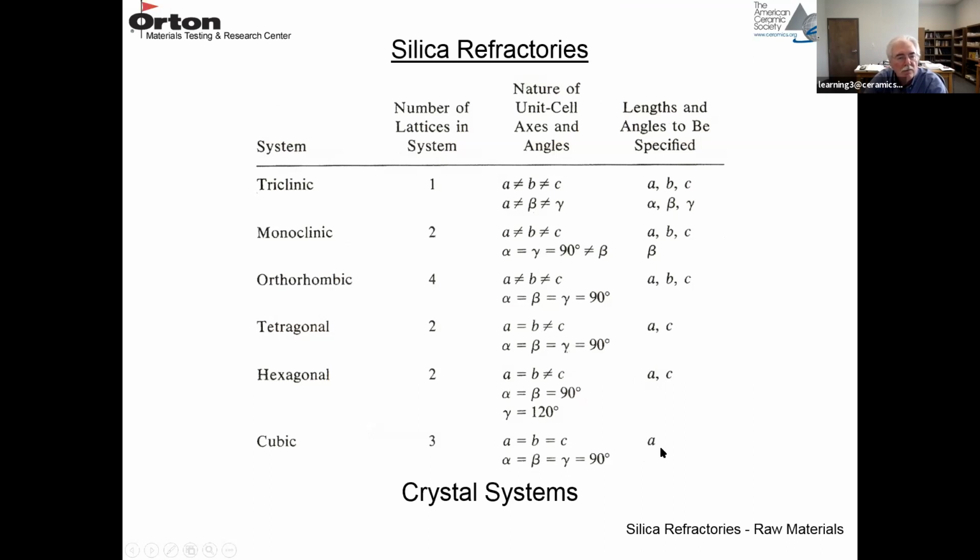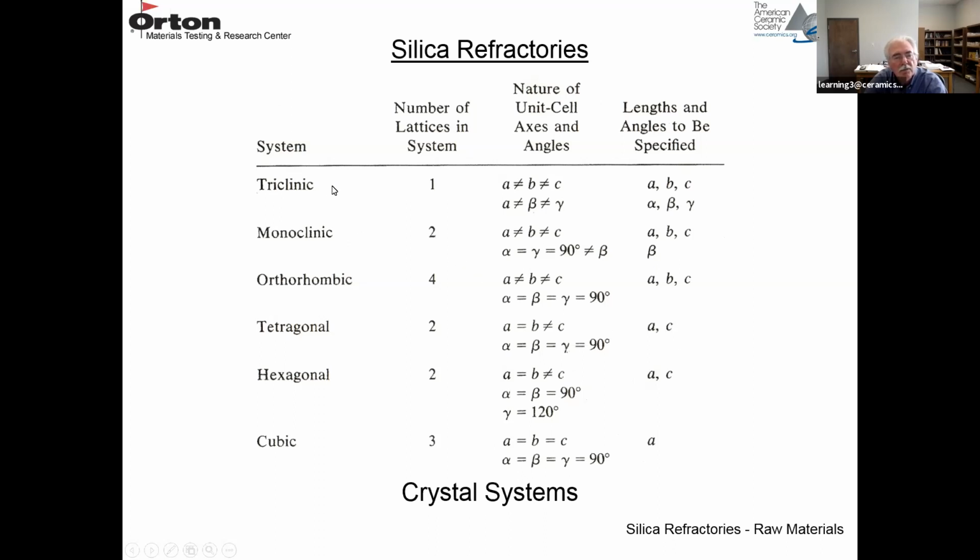it's just a cube, and you only have to specify one length. If we look at another one like tetragonal, A equals B, but now the axis in the C direction is longer, and all three angles are the same also, 90 degrees. So you have to specify A and C, the two lengths.